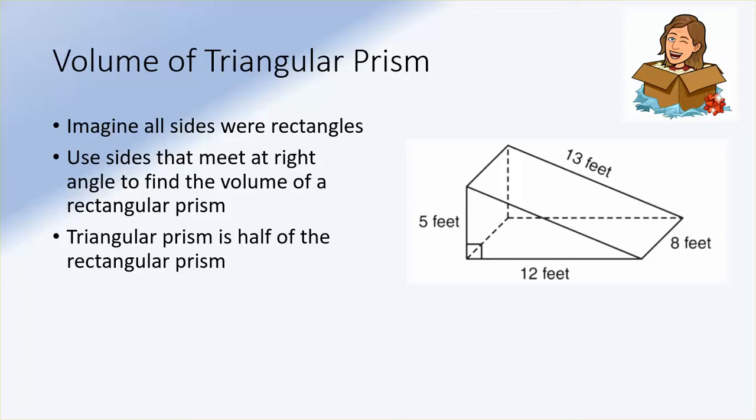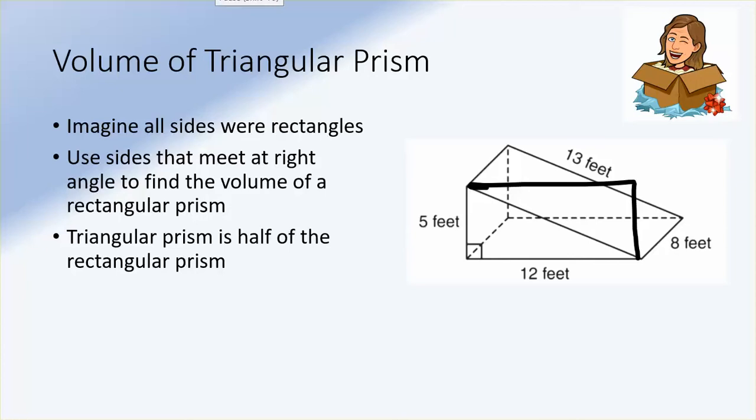So if I want to find the volume of a triangular prism, I start by imagining that all the sides were rectangles. So what if I had a prism where the front was a rectangle? I'm going to use the lengths that meet at that right angle to find the volume as if this was a rectangular prism.